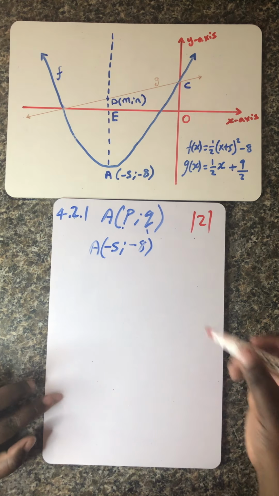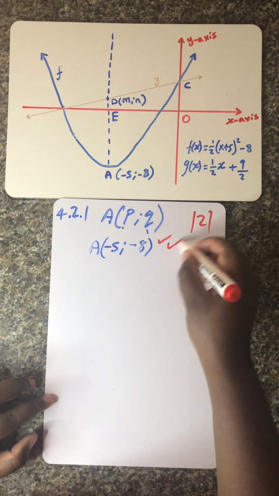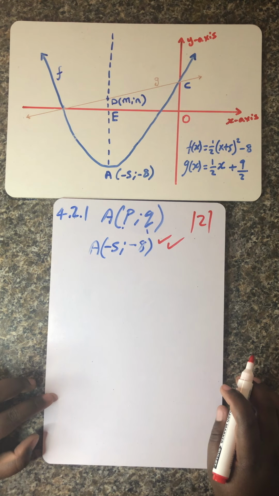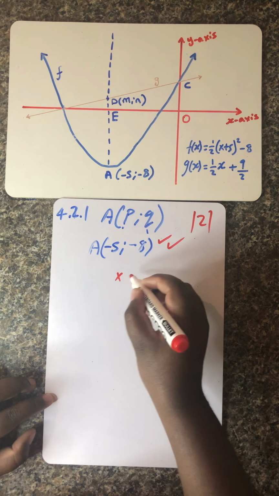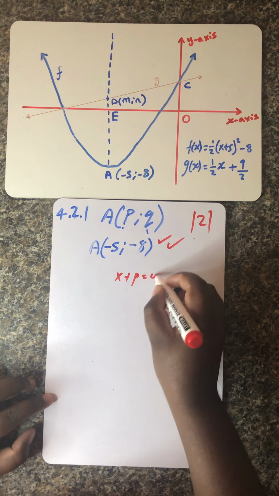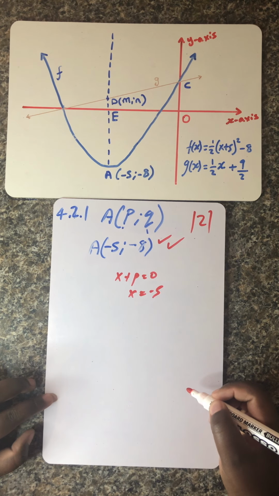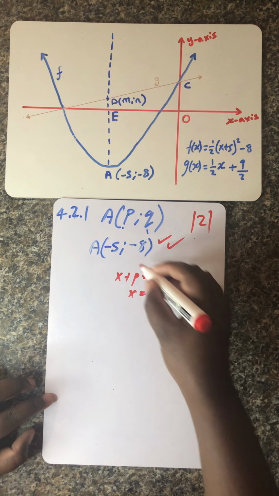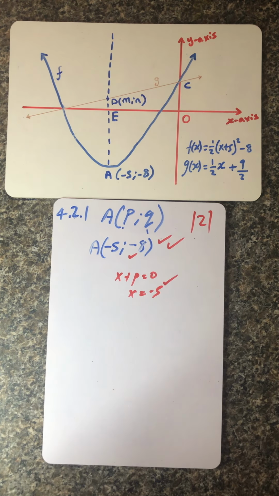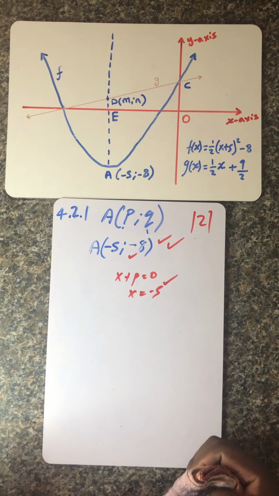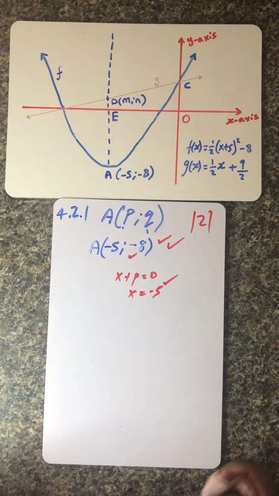If you showed those calculations, you might score a mark for equating that to 0 and solving for the x value, and another mark for indicating that the y value of the turning point is negative 8. I hope you fully understand that part.